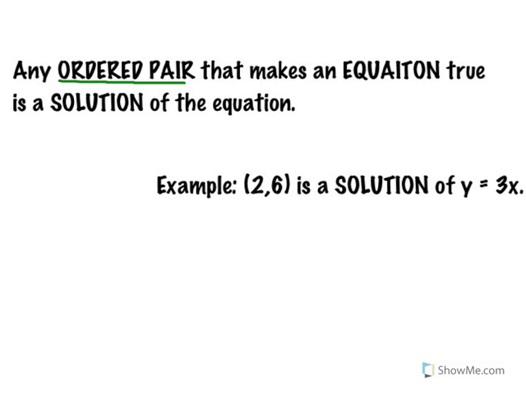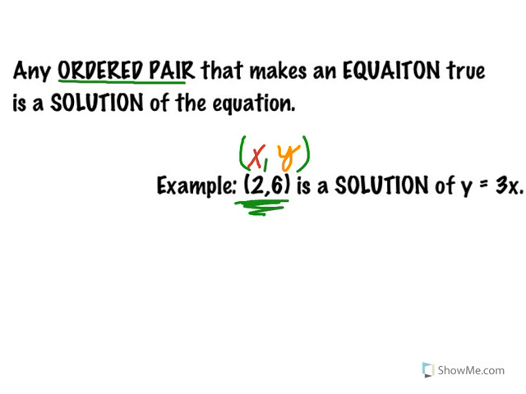Alright, let's look at an example. My ordered pair 2, 6. Now, 2 is the variable that would represent x, and 6 would represent the variable y. Alright, 2, 6 is a solution of y equals 3x. And why that is true is because when I plug in these numbers for those variables, I get a true equation.